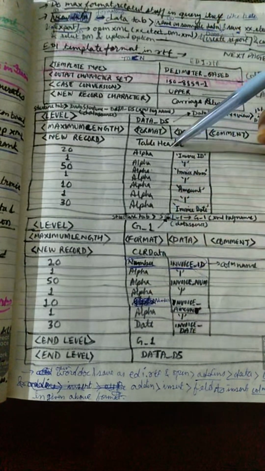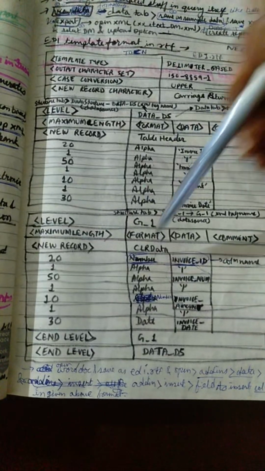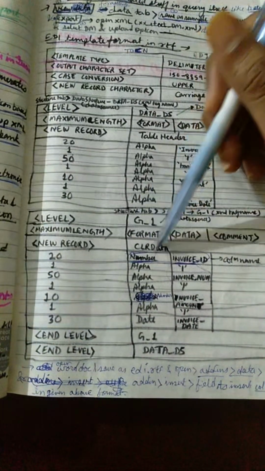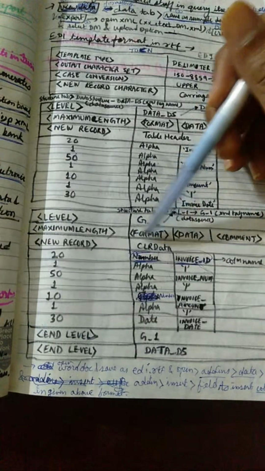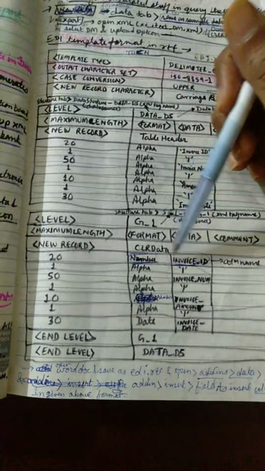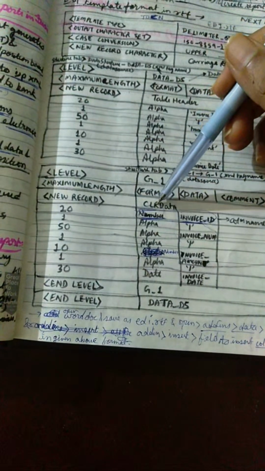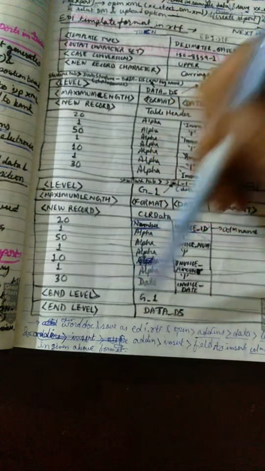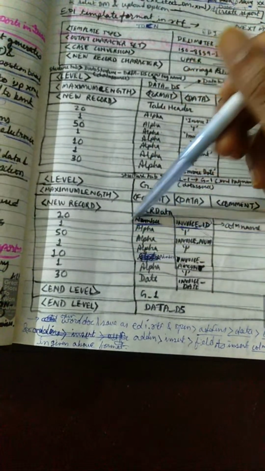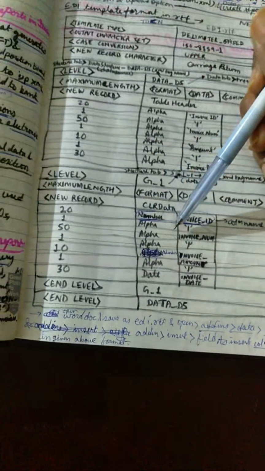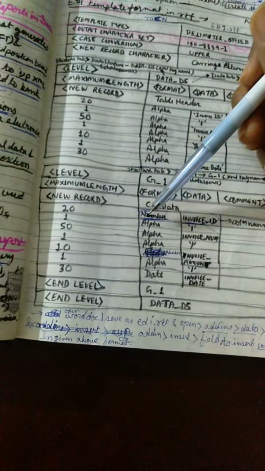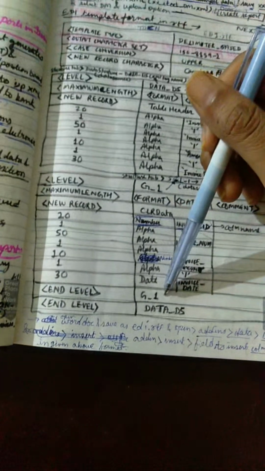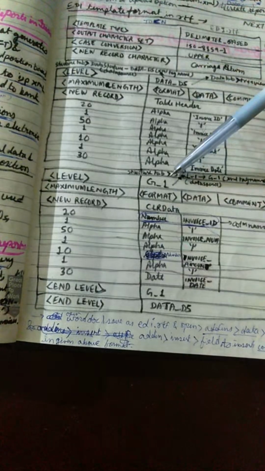Here I have taken new record as table header. You can write anything. This was just written in this CLR data, so I have kept it as it is. You can write anything to describe that this is the new record starting. Okay, and this thing repeats till whatever where condition you give, for whatever where condition is given inside this group.